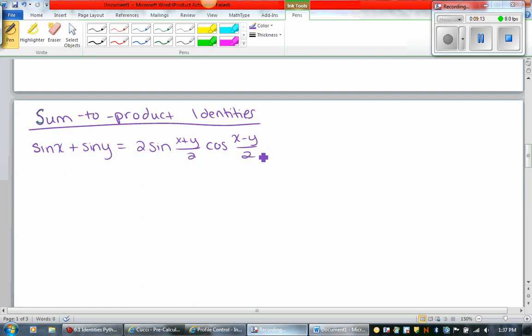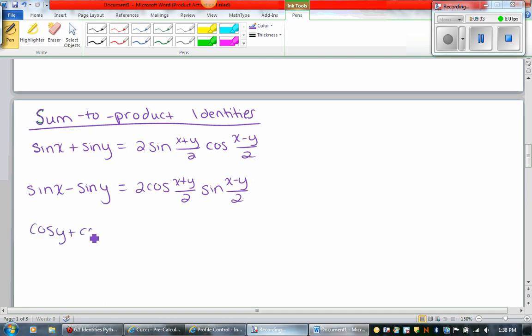And again, make sure you're getting all of these identities written down. Sine of x minus sine of y is equal to 2 cosine x plus y divided by 2, sine of x minus y divided by 2.